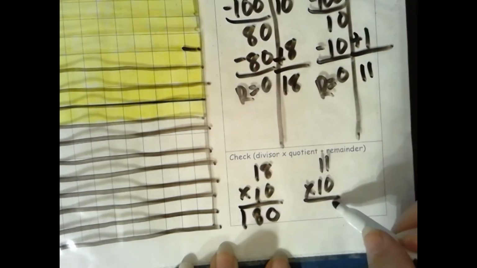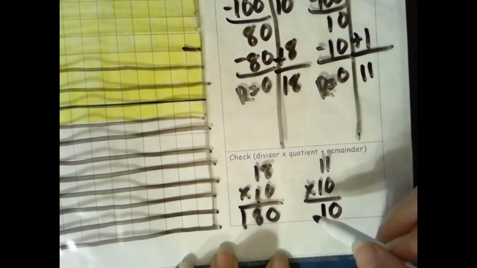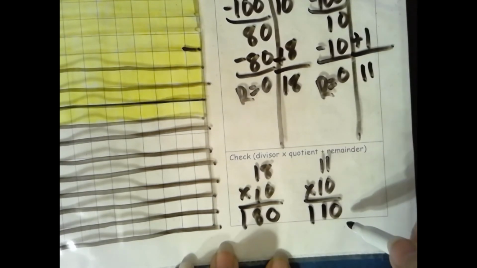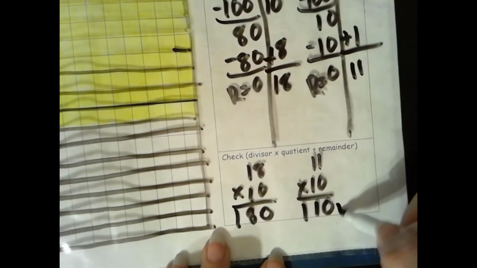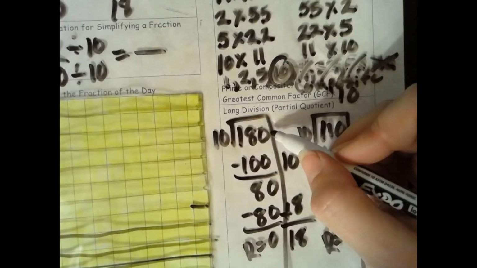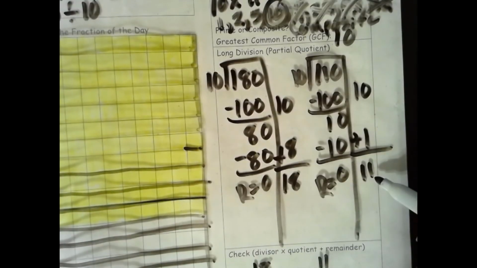Placeholder moves it over a place. 10 groups of 1 is 10. 10 groups of 10 is 100. 110 matches our dividend up here. 180 matches our dividend up here. So 11 is definitely our numerator, and 18 is definitely our denominator.